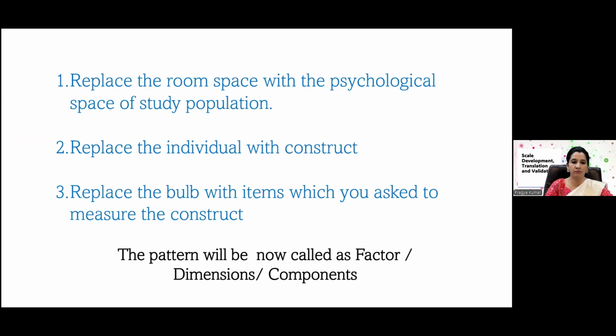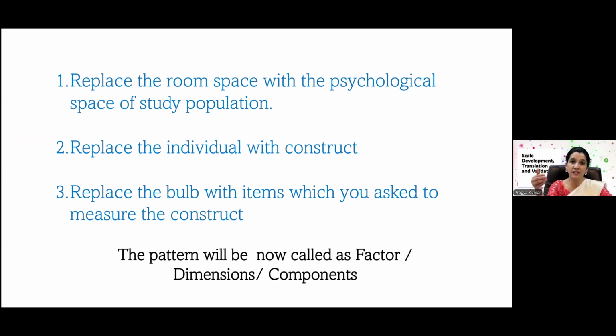So now, if you replace the room space with the psychological space, and if you replace the individual with the construct, and if you replace the bulb with items, then you can understand the concept of rotation. So the different color pattern which you have seen will be called a factor or dimension or component.